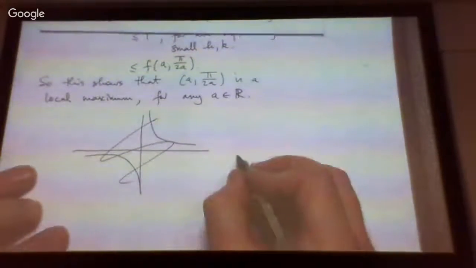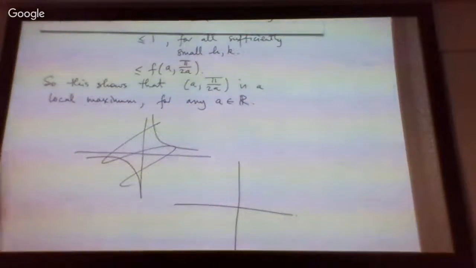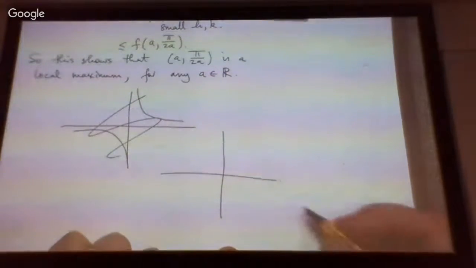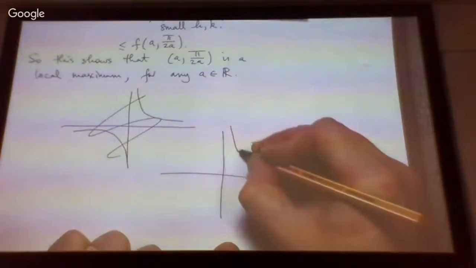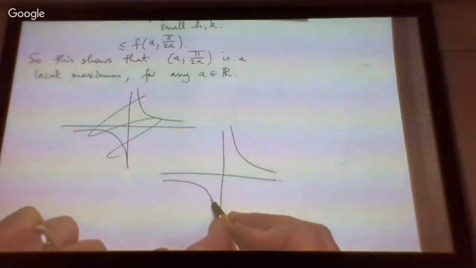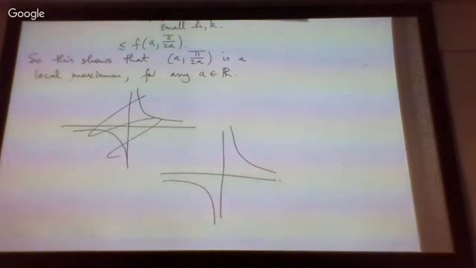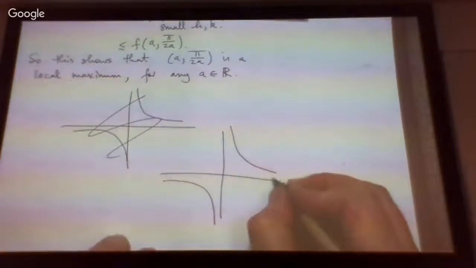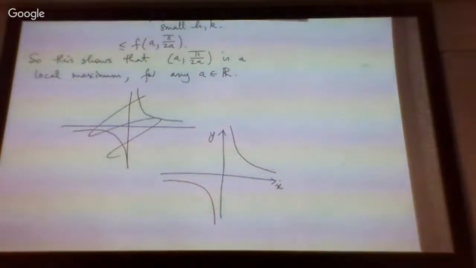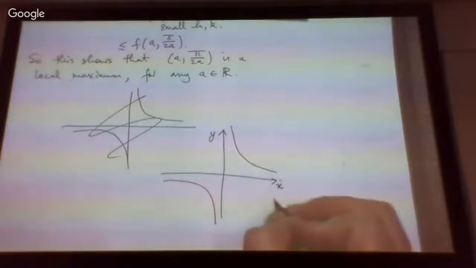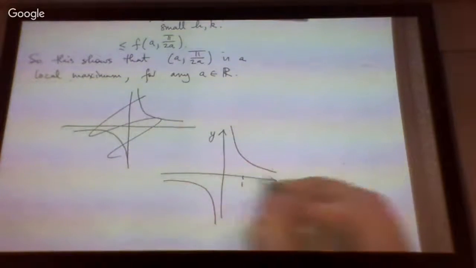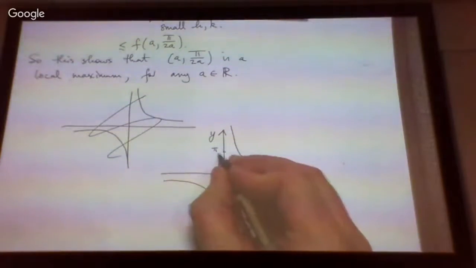Let's draw it again. So you've got your coordinate axes, your x and y coordinate axes. Just being slightly imprecise, I'll show you a precise picture in a moment. So when x is 1, y is π/2. So if this is x equal to 1, y is π/2.